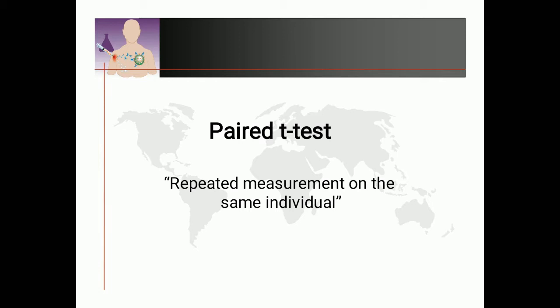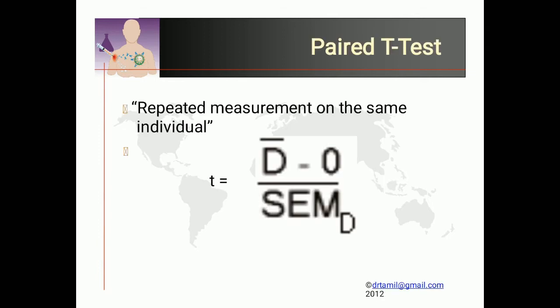Now we'll move on to the paired student t-test. The basic difference is that it is a repeated measurement on the same individual.